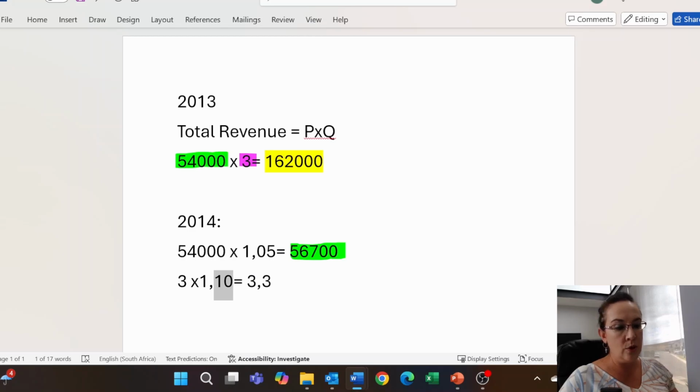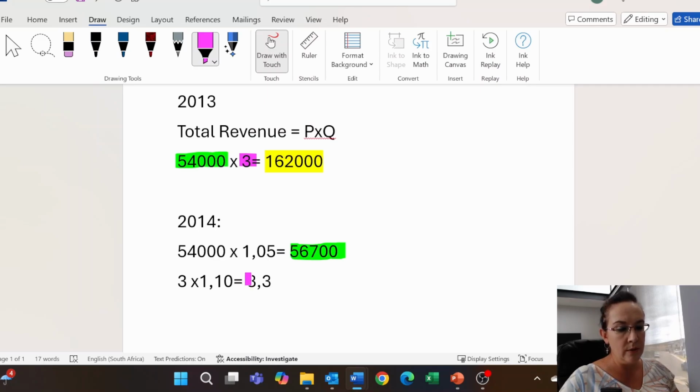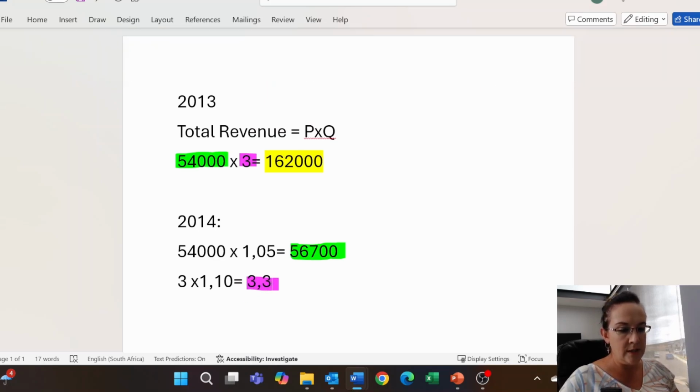And now the new selling price is going to be $3.30. So it's 3 times 1.10, and that's going to give us $3.30. The price was $3. Now it's $3.30 in 2014.